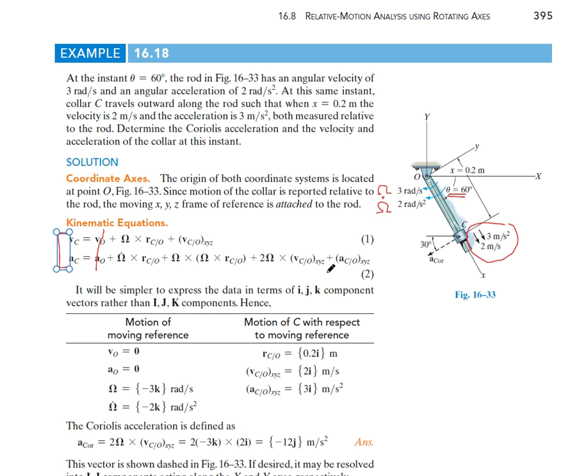The acceleration likewise has an i component only, and it's just a matter of evaluating these cross products.